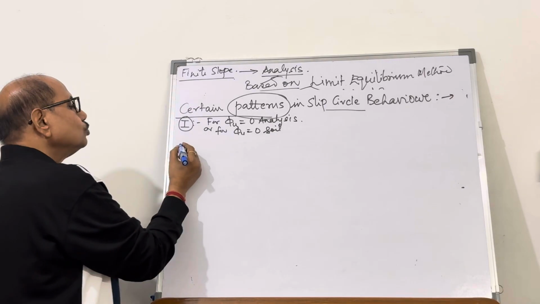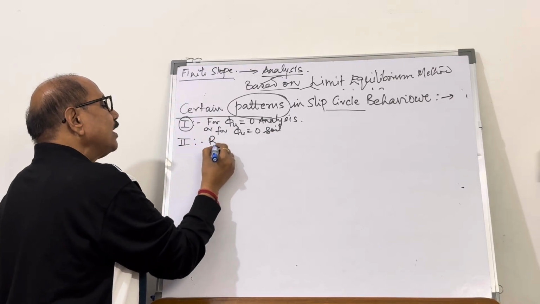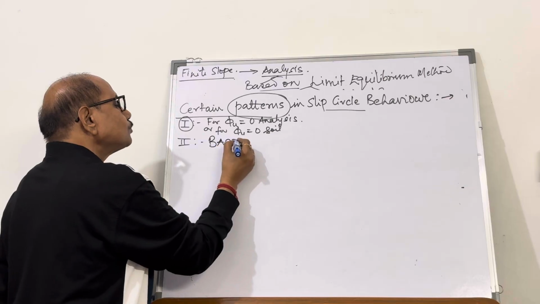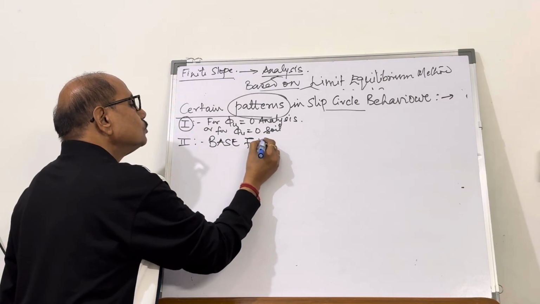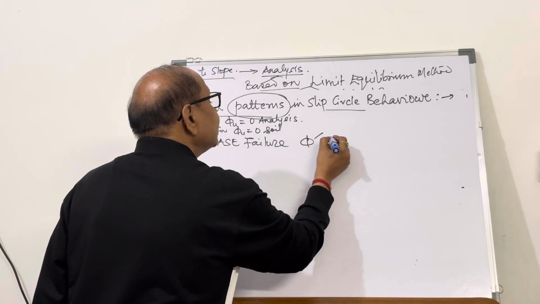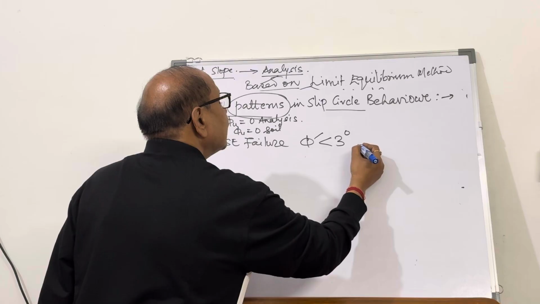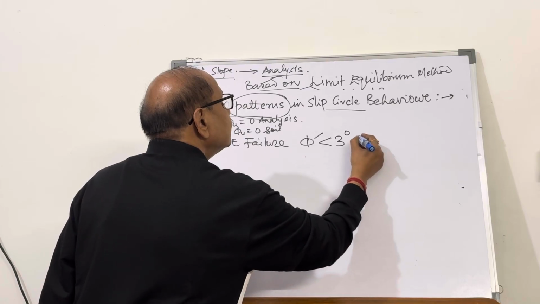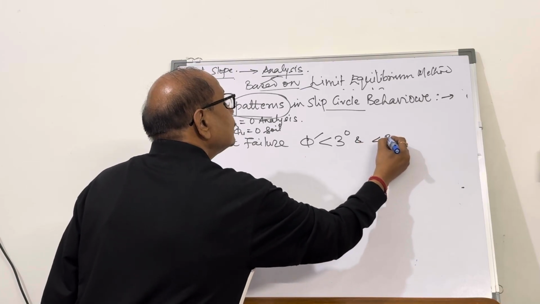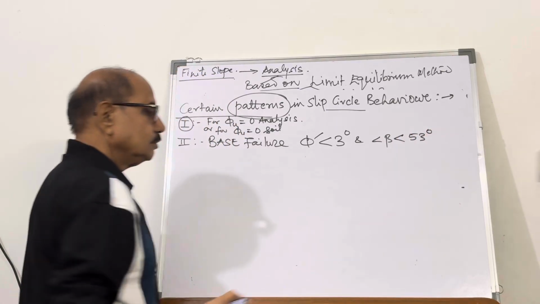Now, case 2 is base failure. What is the condition? Phi prime less than 3 degree and angle beta less than 53 degree, flat.